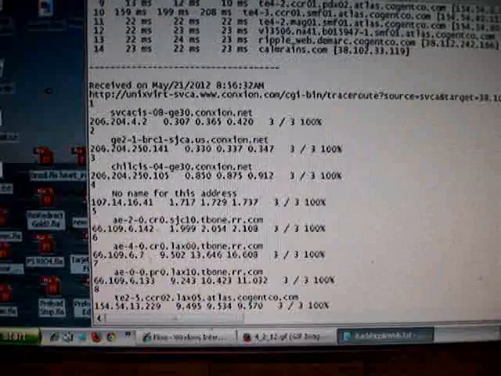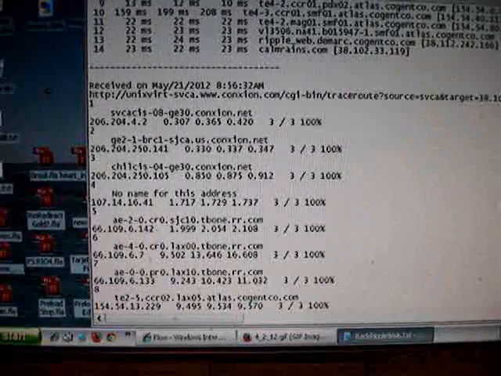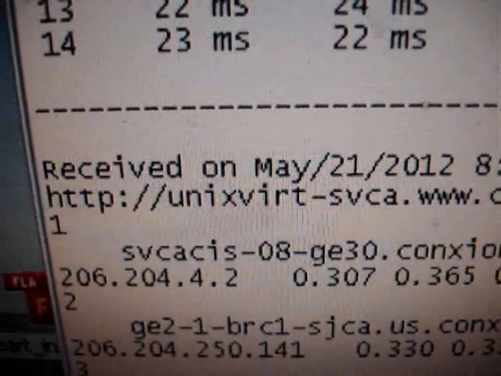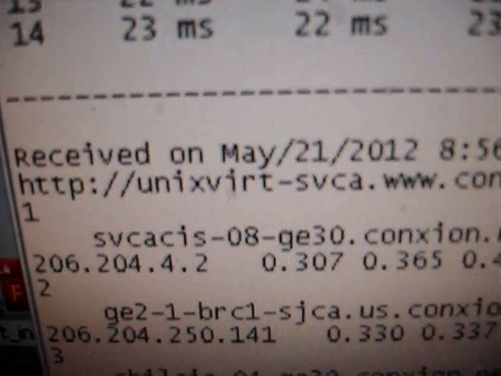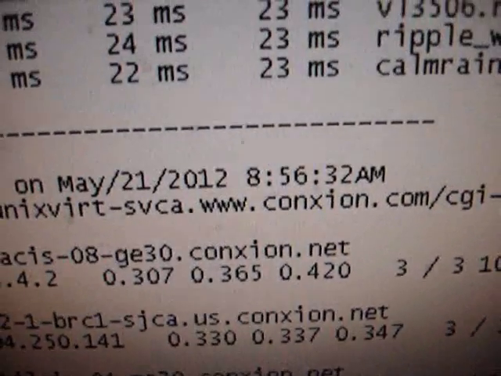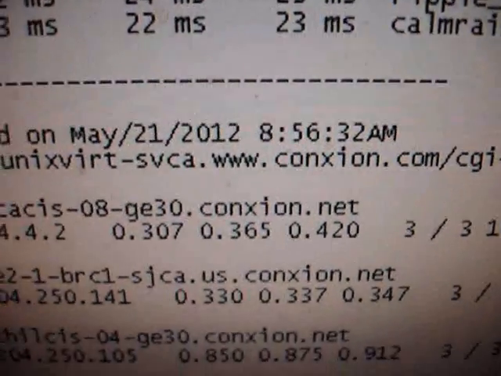So now we have some trace routes from different points along the web. This is 3 of them from May 21st. See right there, May 21st, and Unix VRT-SVA something coaxium.com.